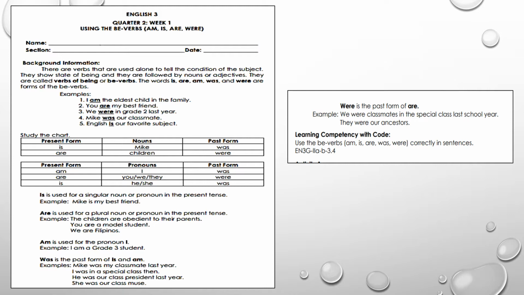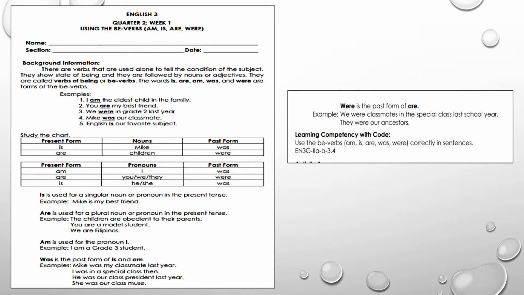Let us study the chart below. When you say present form, that means it's happening in the present tense or present time. When we talk about nouns, these are names of person, place, things, events, and also happenings like that. And then we have the past form, which means that it already happened, it's in the past.